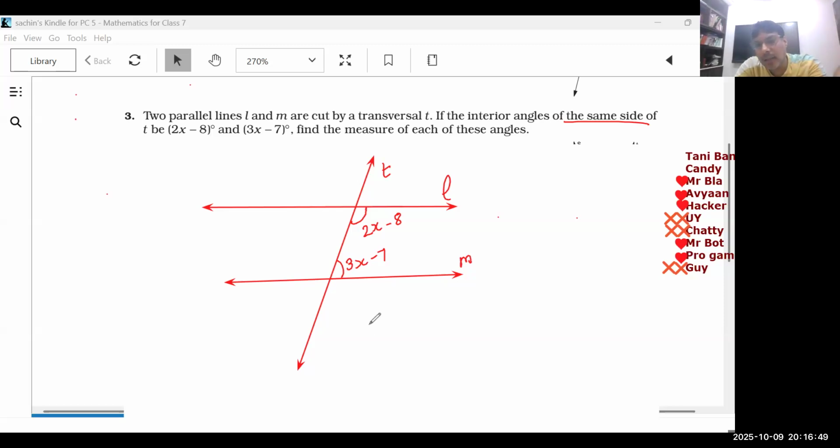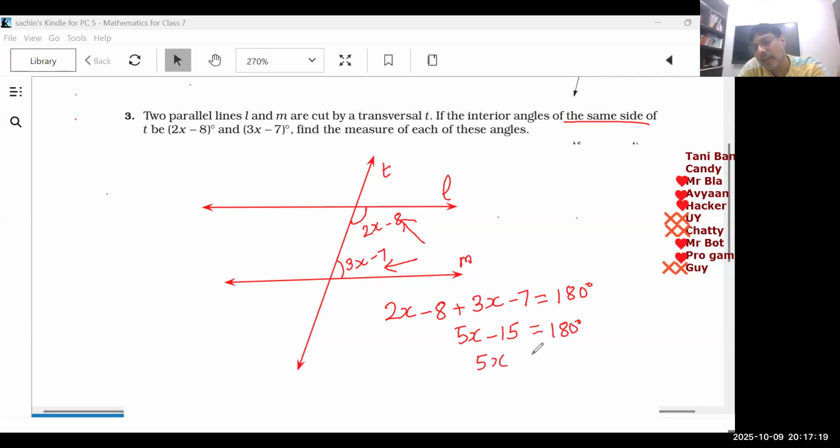So guys, the only concept here is that these are co-interior angles and they will be supplementary. Supplementary means when you add them, you will get 180. So 2x minus 8 plus 3x minus 7 is equal to 180 degrees. That will give you 5x minus 15 is equal to 180.